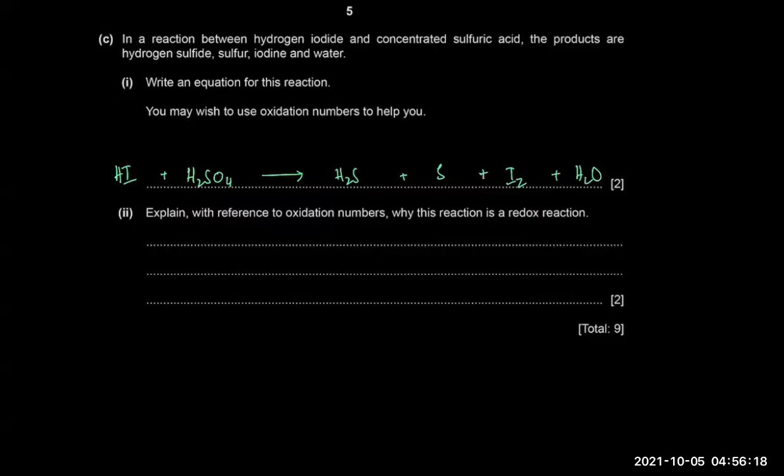You have to put a 2 on HI. Yes, but don't do that. Use oxidation numbers to balance it. Iodine goes from -1 to 0.